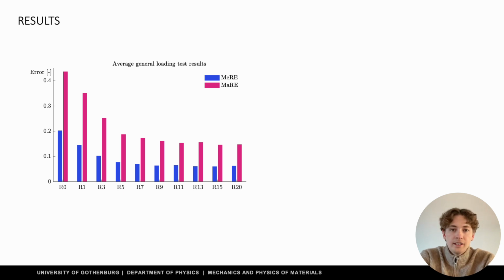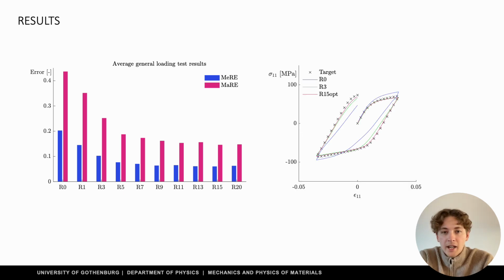On the right-hand side, we also have a plot of uniaxial loading, showing sigma 1,1 stress versus strain predictions, and we compare R0, R3, and R15. This improved accuracy of stress predictions demonstrates how effective data augmentation is in enhancing our model's performance, allowing it to generalize better across various configurations.